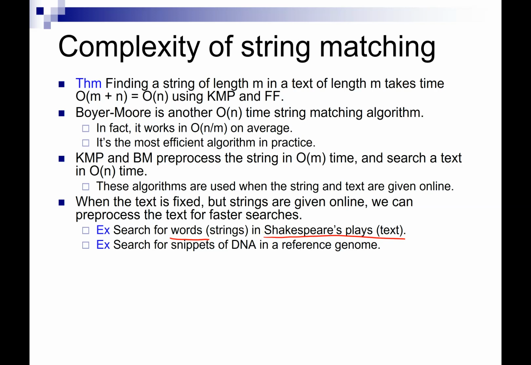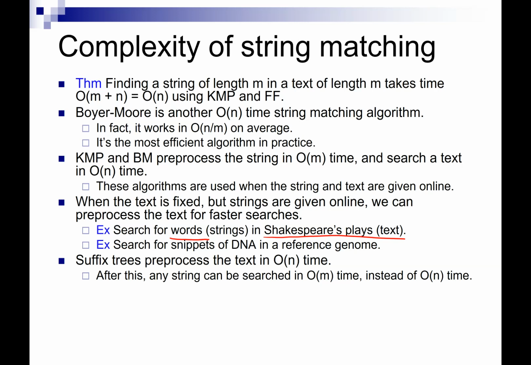Another example is searching for small portions of DNA in a large reference genome. Suppose you sequenced the human genome. We're going to assume this is a fixed string. Then you can pre-process that fixed string, and then you can search for small parts within it very quickly.